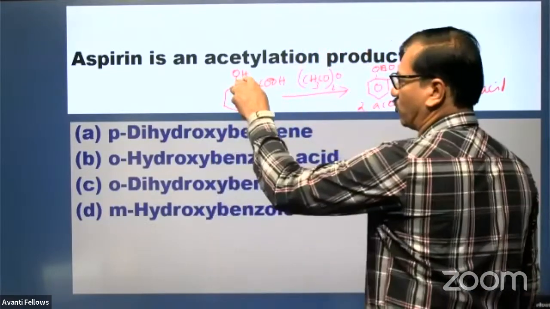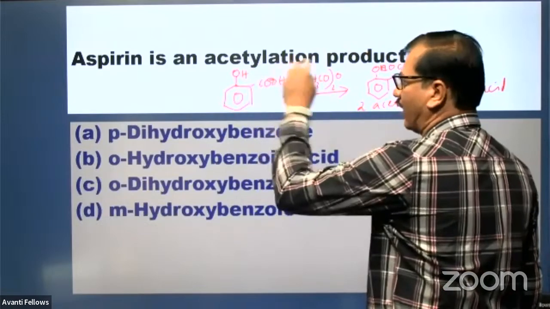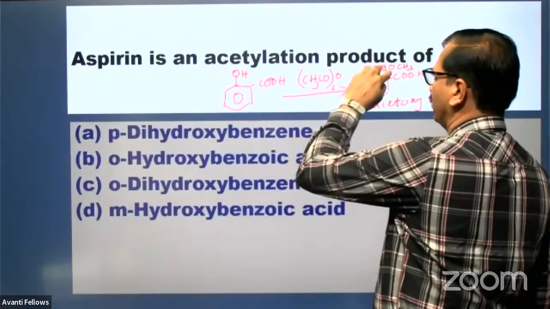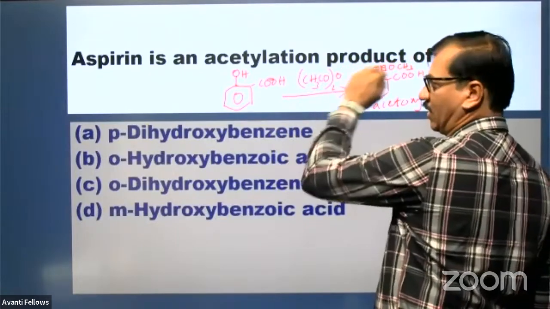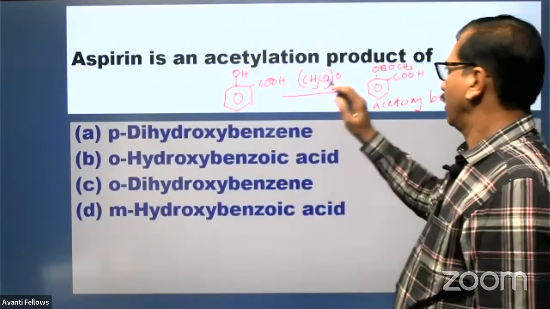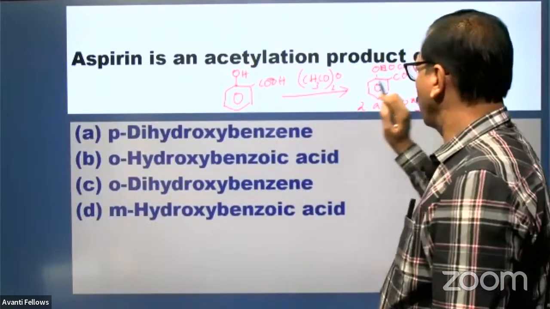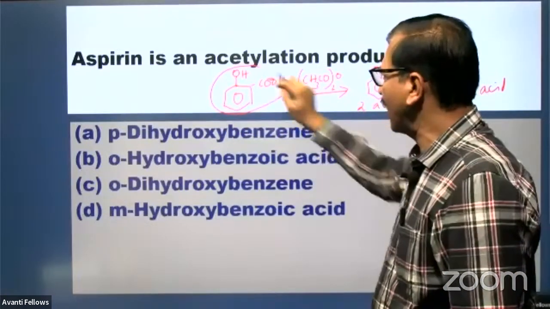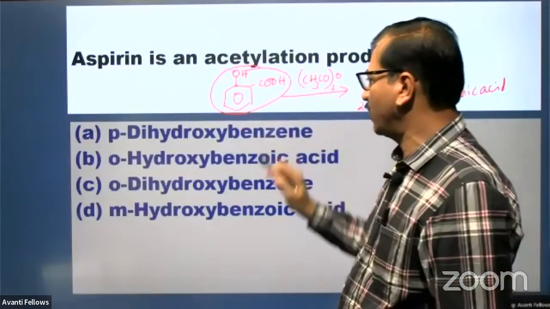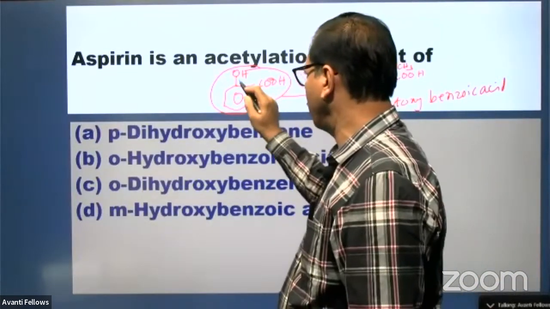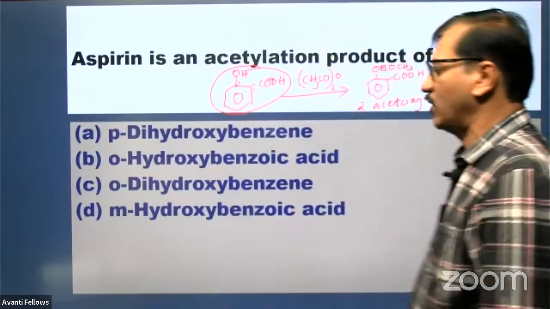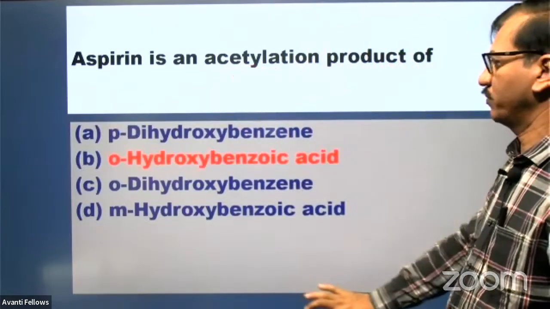When OH reacts with acetyl chloride, esterification occurs. This is an ester, OCOCH3. Aspirin is an ester, all right. The ester group is there and the carboxylic acid also is there. Therefore, this is the one that is asked. So it is salicylic acid, or orthohydroxybenzoic acid. This is the first carbon atom, this is the second carbon atom. 2-hydroxybenzoic acid or orthohydroxybenzoic acid. So that is the way you have to do it. Right.